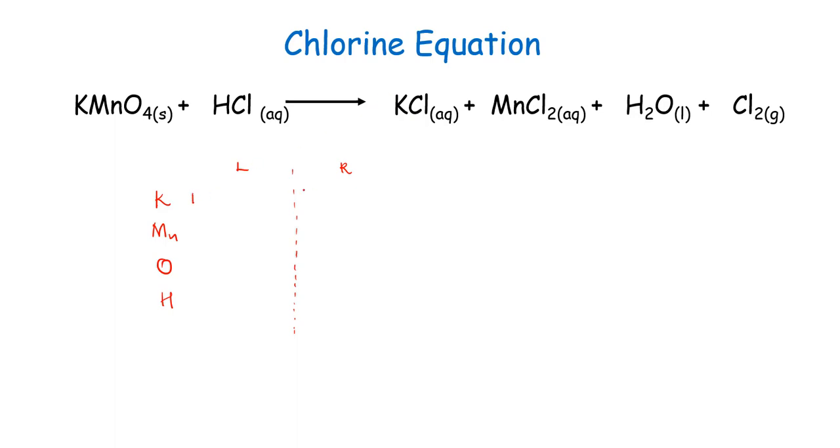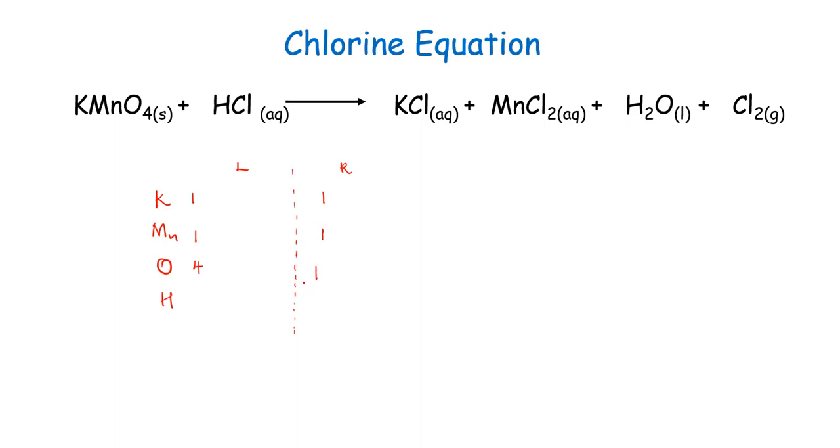Manganese is 1 to 1, also balanced. Oxygen we have 4 on the left hand side, however, on the right hand side we have 1 oxygen atom.